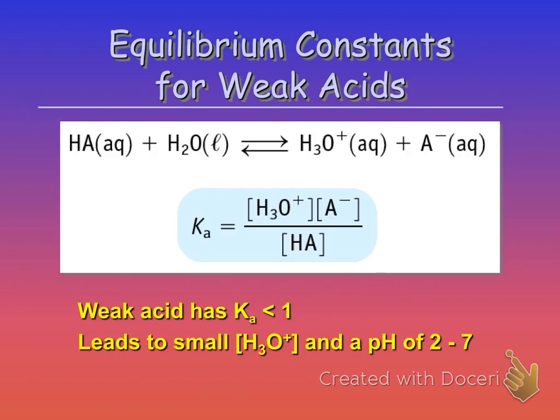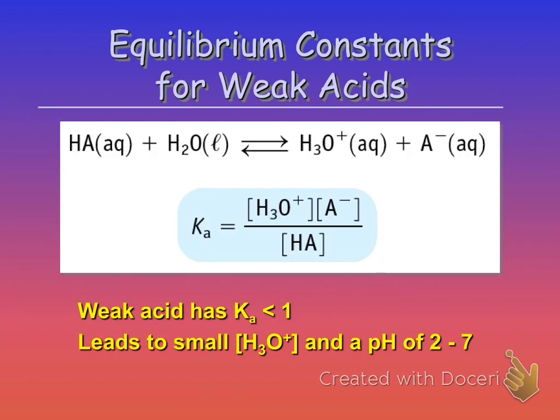Those are going to be the things that are on top of your equilibrium expression. On the bottom of your equilibrium expression, you're going to have the concentration of the acid that you're originally working with. Again, notice that water does not show up in the equilibrium expression because it is a liquid, and it is not being produced. It is not going to actually increase in concentration.